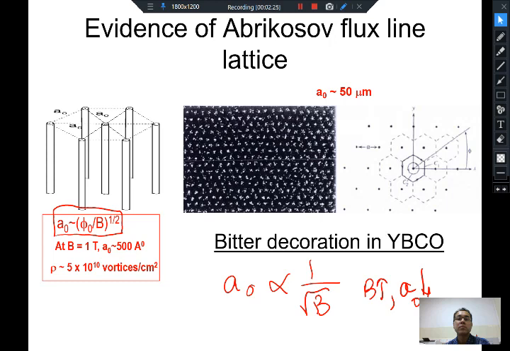Can you use X-ray? Now, one reason you cannot use X-rays is, of course, that the X-ray wavelength is much smaller than the spacing between the vortices. Your wavelength of X-rays will not match with these 50 micron spacing between vortices. So it's very difficult to see them with X-rays.